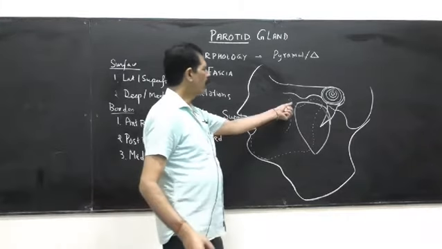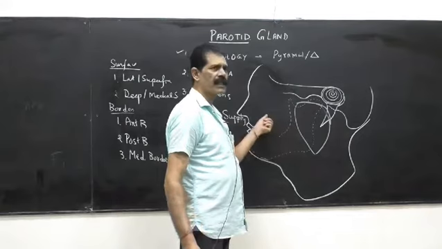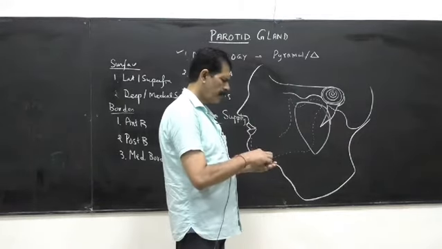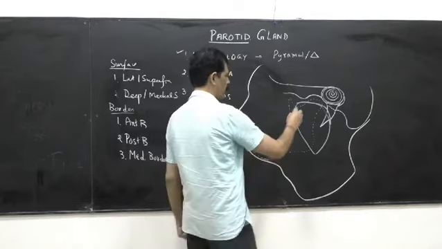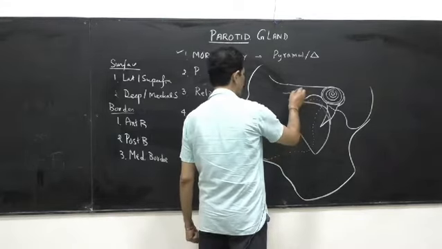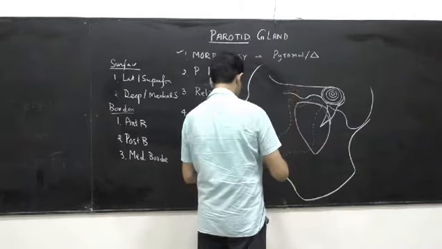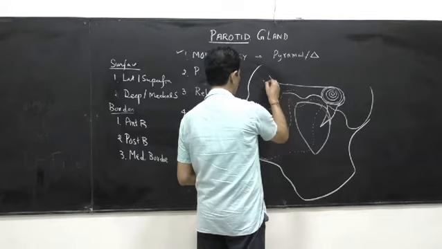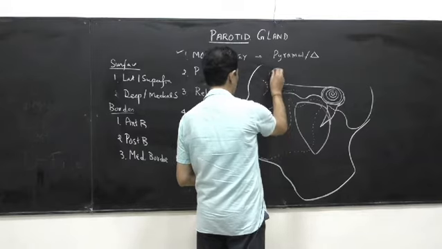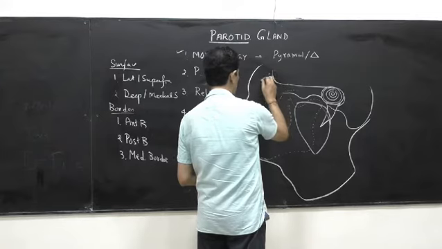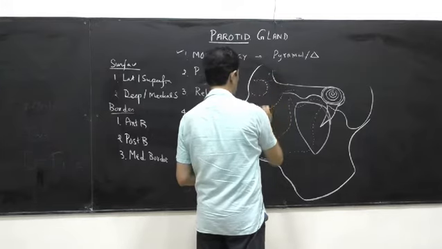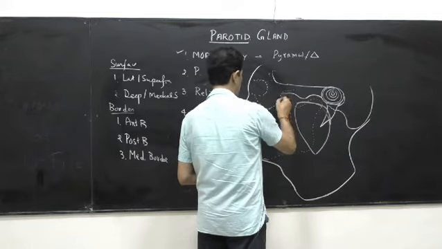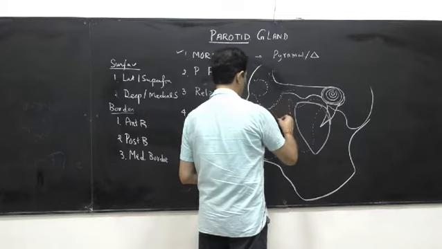The anterior border faces the face, and it lies over the masseter muscle. As you know, the masseter muscle takes origin from the zygomatic arch and the zygoma, the bone of the cheek.